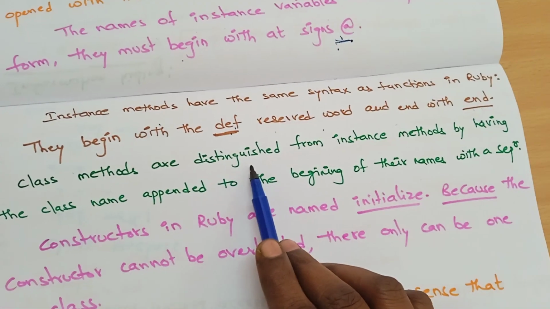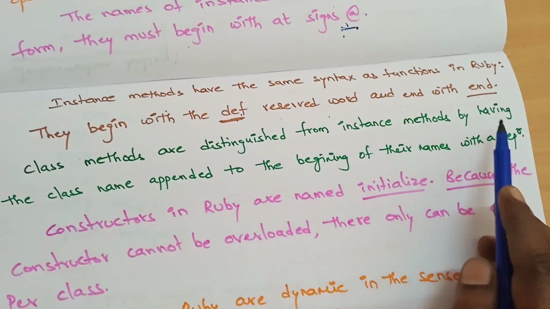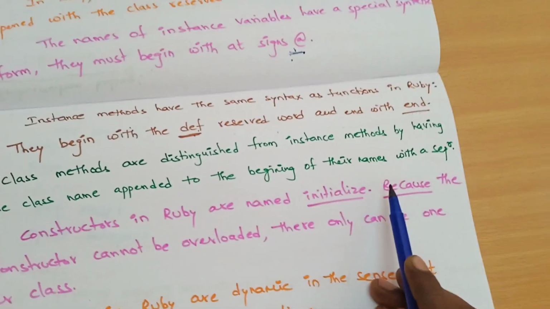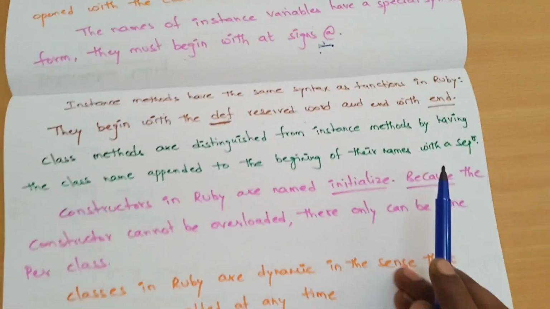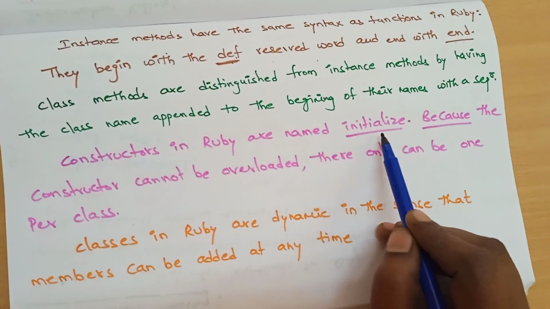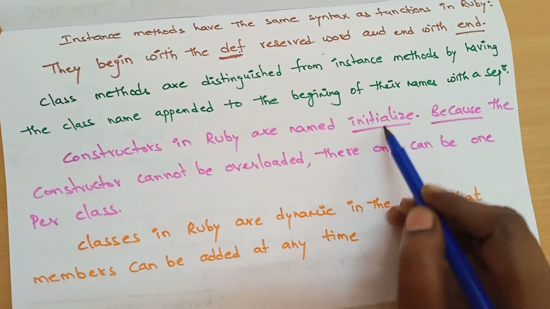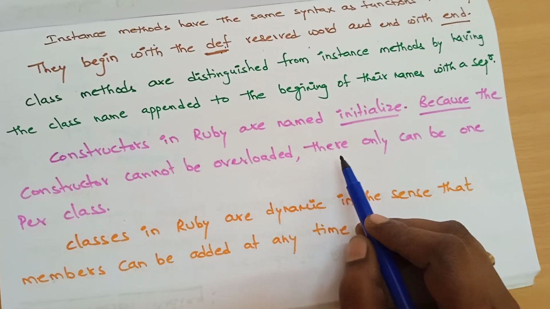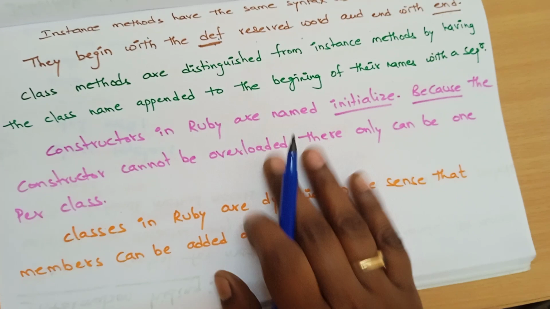Class methods are distinguished from instance methods by having the class name appended to the beginning of their names with a separator. Constructors in Ruby are named initialize. Even this initialize begins with a sign. Because the constructor cannot be overloaded, there can only be one per class.